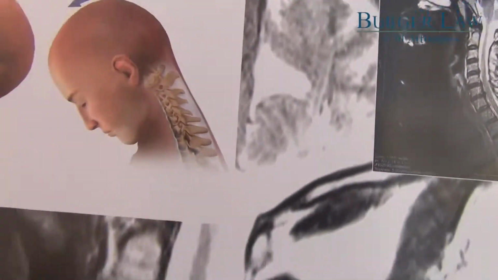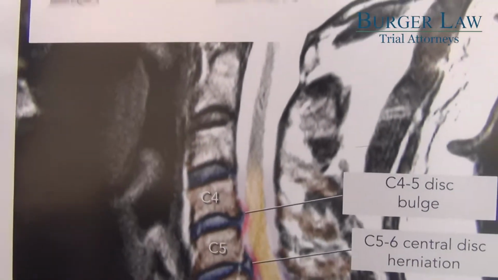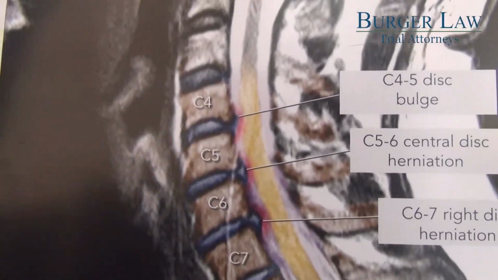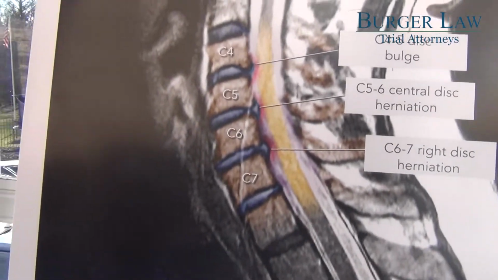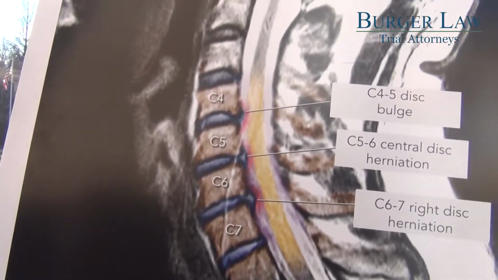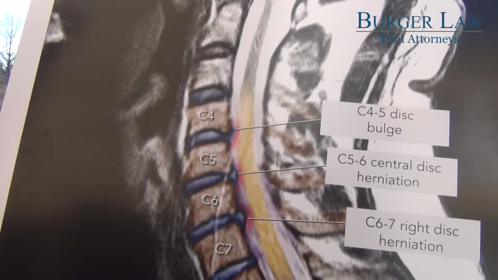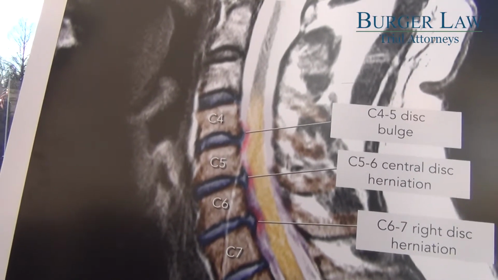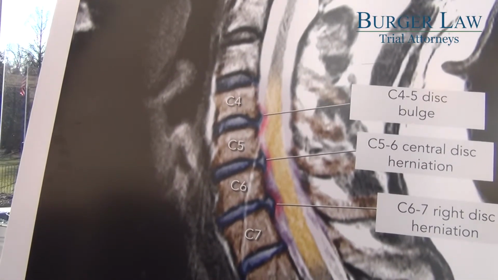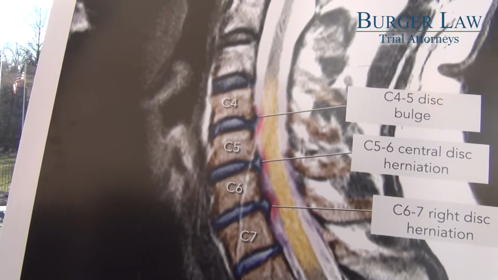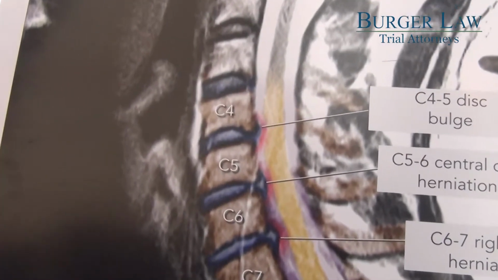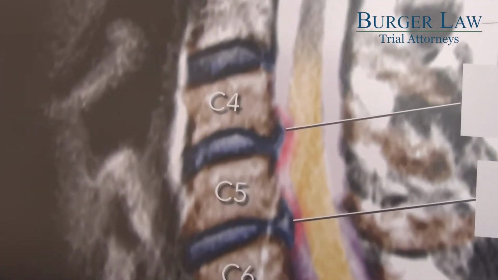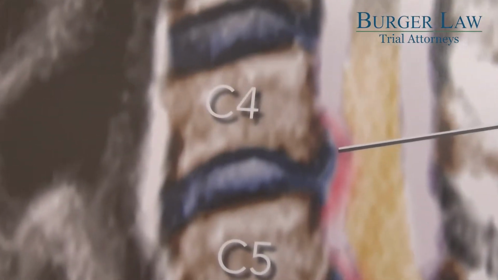So let me take you to another view of it right here. So the squares, as I just said, are the vertebrae, and the blue areas that you see there are the intervertebral discs. What happens in a disc herniation is that the jelly donut in between the two discs bursts and breaks and bulges out into the spinal canal.